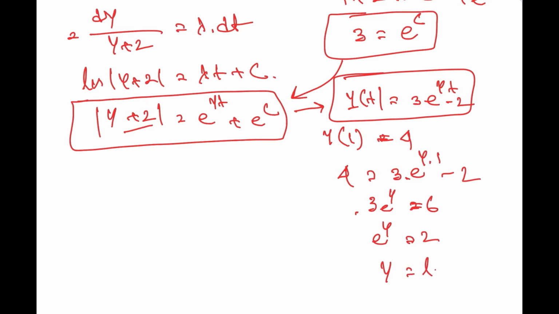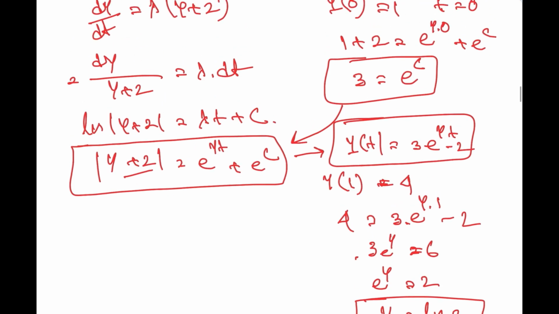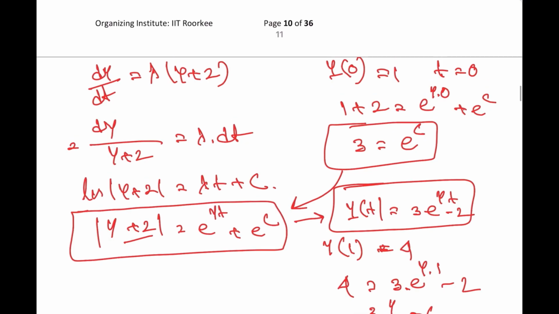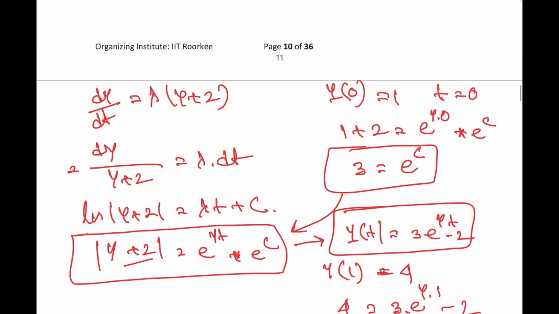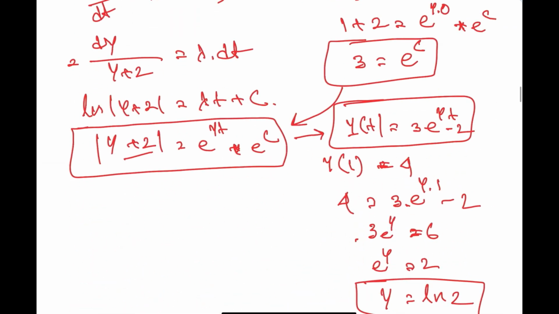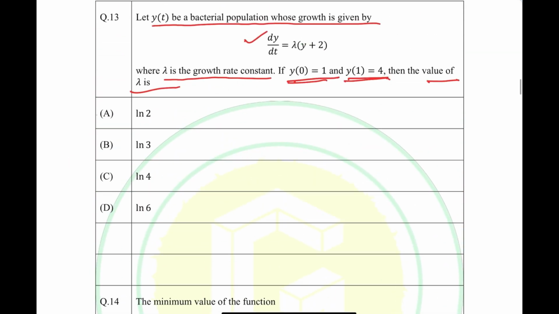You can get y by taking ln on both sides, so the answer will be y equals ln 2. This is not plus, this is into. So the answer will be ln 2.